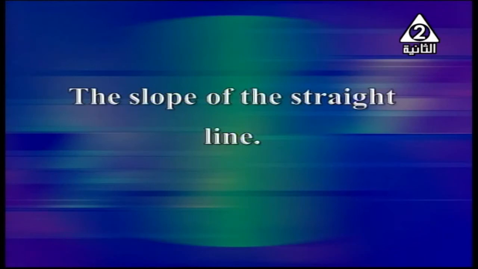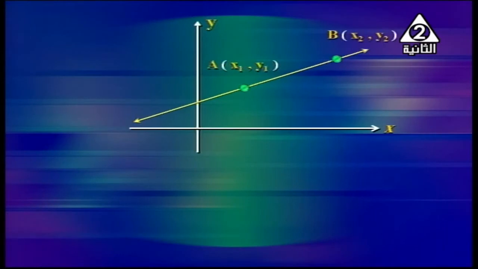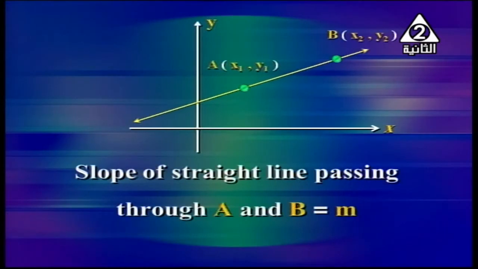You have studied before that the slope of the straight line which passes through 2 points A and B like that in front of you will be denoted by small letter m.